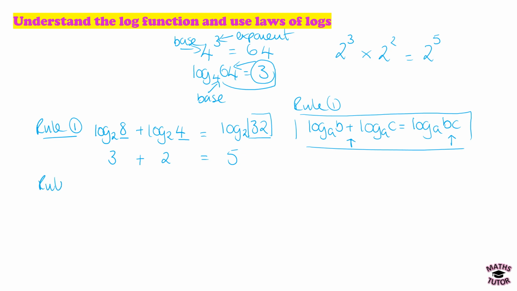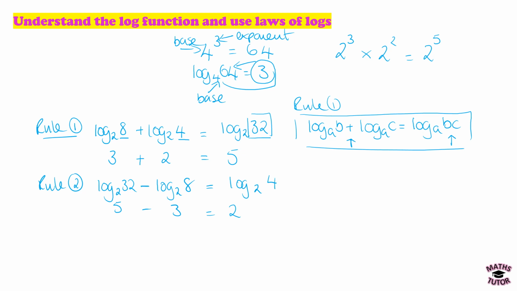Right, rule number 2 is when we take away logs. So if I've got log to base 2 of 32 and I take away log to base 2 of 8, that is just saying 5 take away 3, which is 2, and that's log to base 2 of 4.